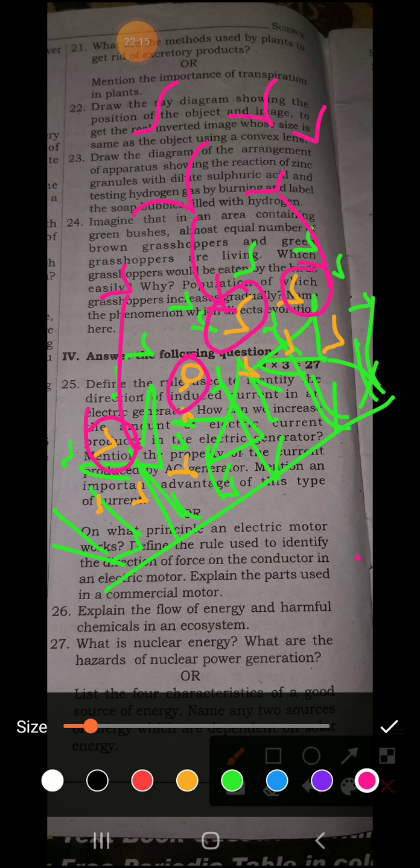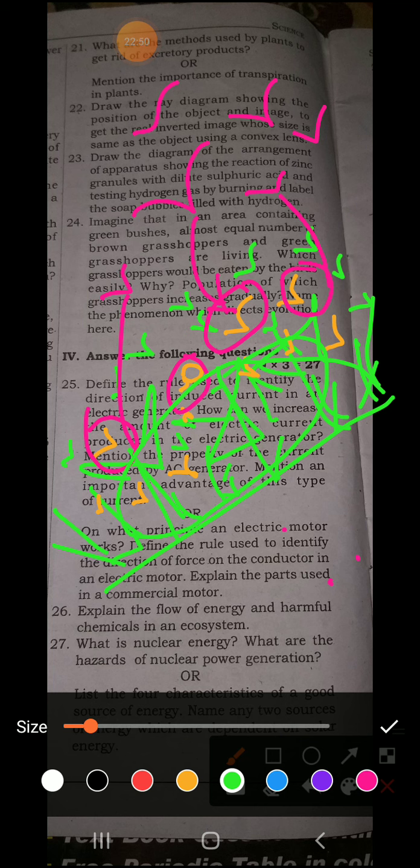So the brown grasshoppers are identified by the birds very easily and eaten. And as far as the green grasshoppers are concerned, due to their camouflage, they can easily get mingled in the greenery of the green bushes.